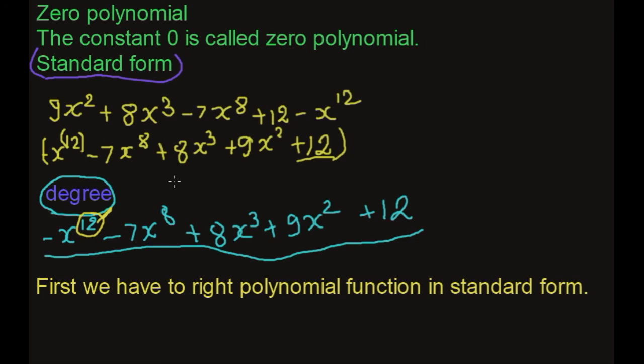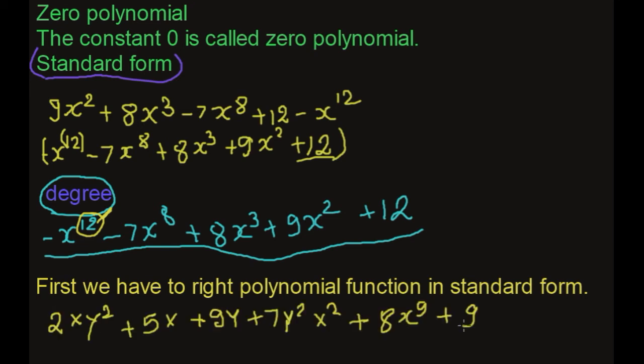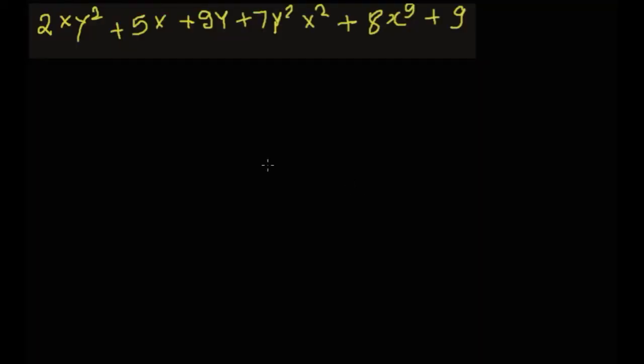Now come to how to calculate degree in a two variable function. So let's take an example. What we will do first, we will write this function in standard form. This was our example we have taken. So first we will write this in standard form.